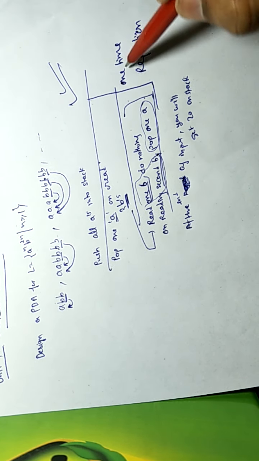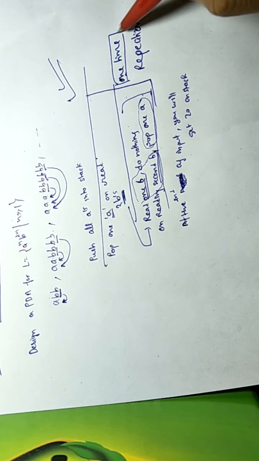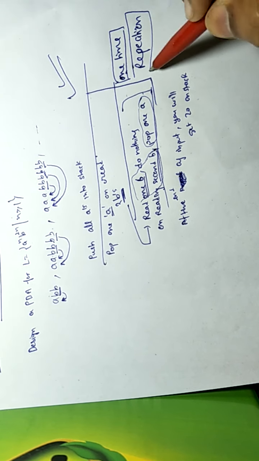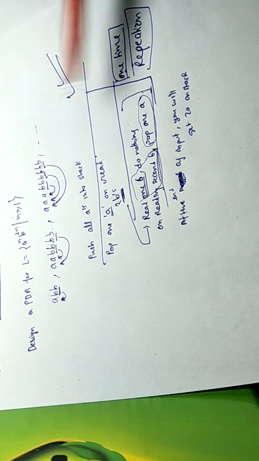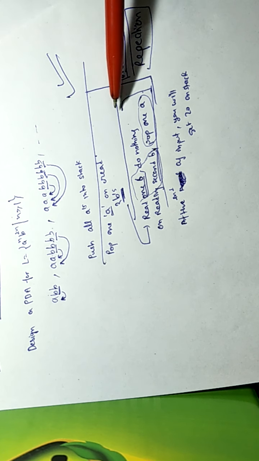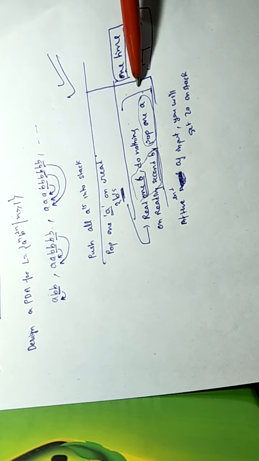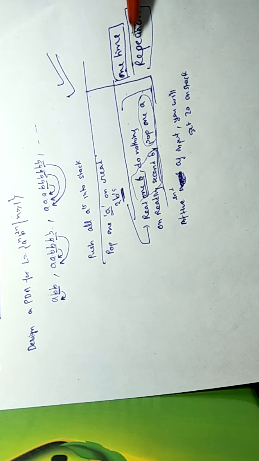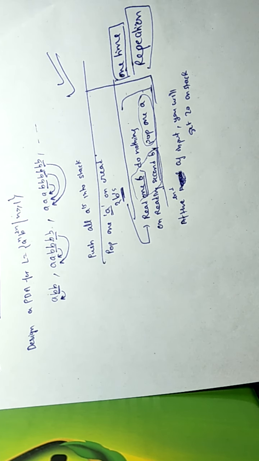Why do we do it one time initially, then repeat? Because by doing it one time we move ahead from a's. Now we have to read b's only, and on reading the first 2 b's we pop 1 a, and then we repeat the same procedure again and again as we do in a^n b^n.